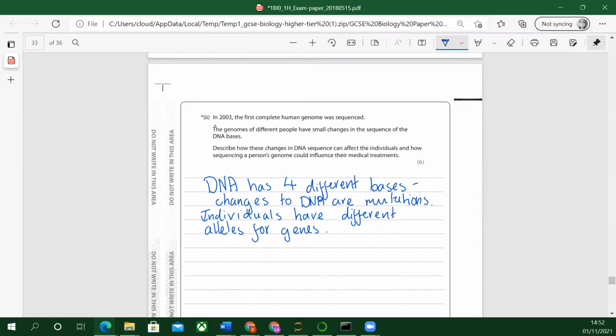Okay, so sequencing can identify genetic diseases or the risks or risk factors of diseases.